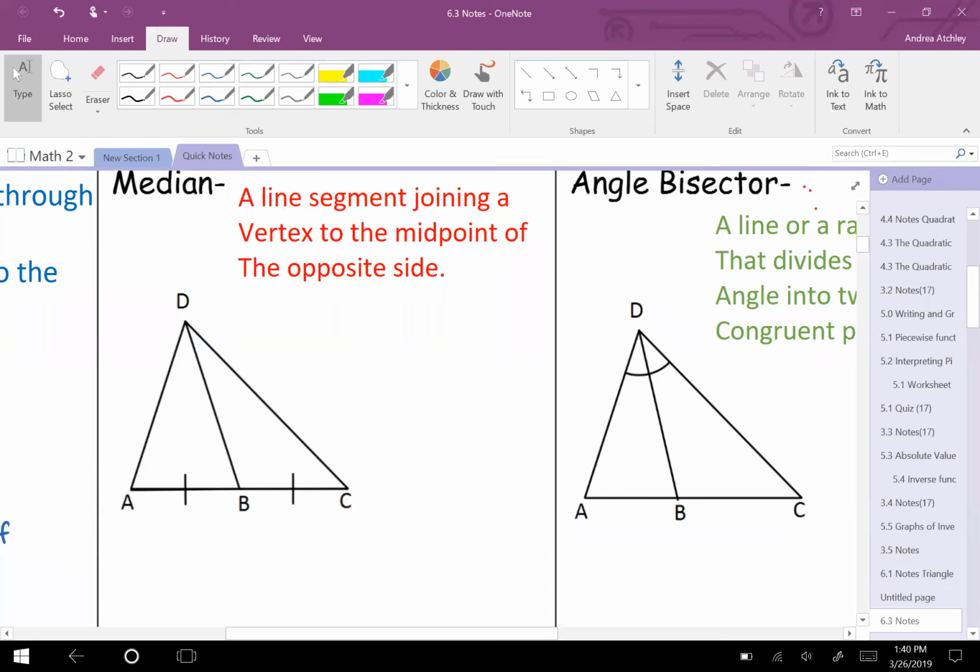So we would say, if DB, segment DB, is a median of triangle ADC, then AB, segment AB, would be congruent to segment BC.